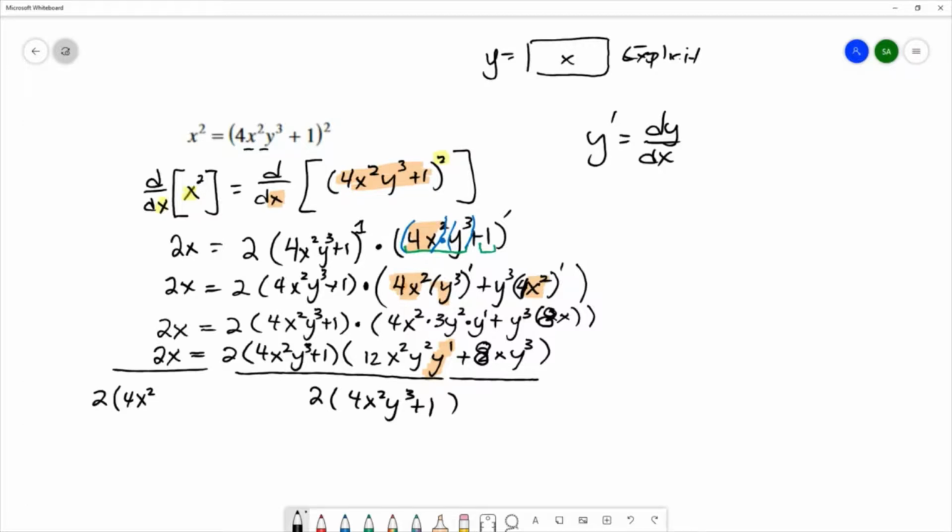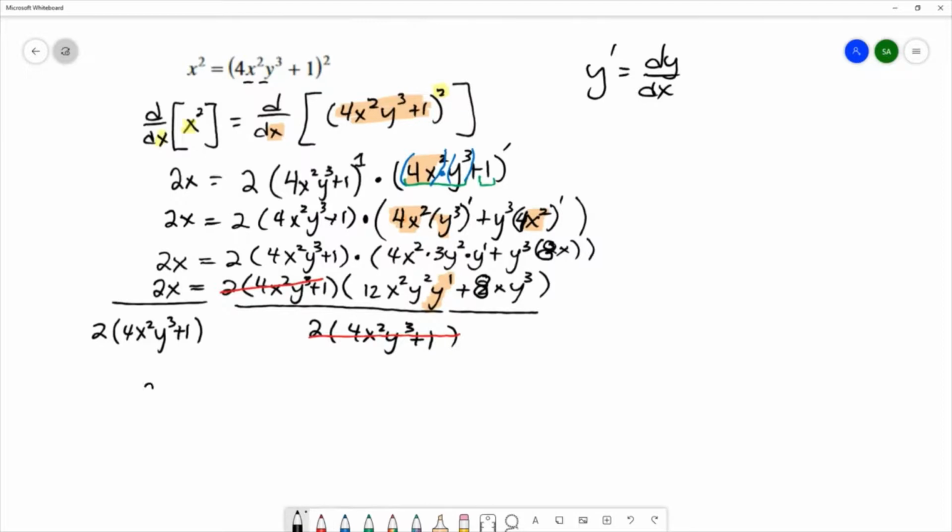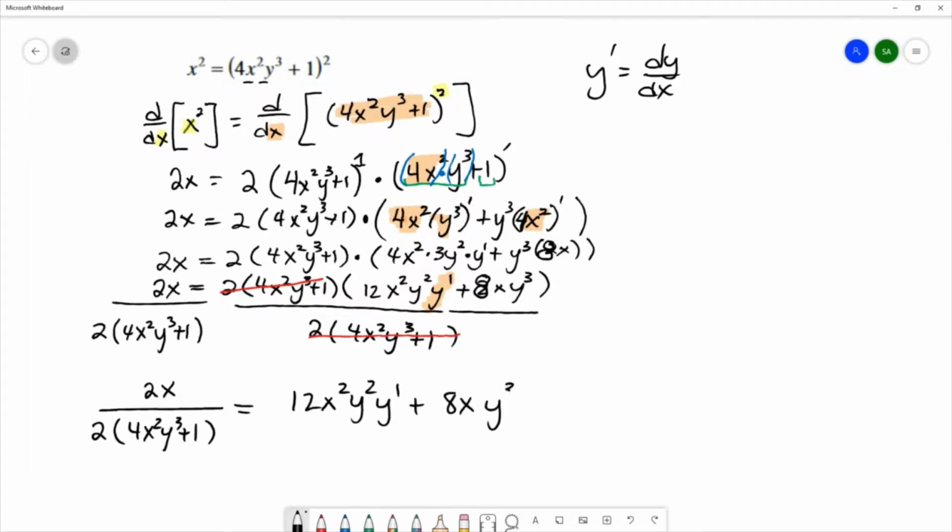So then, okay, where does that bring me? So I've got 4x squared y cubed plus 1. I divided by that on both sides. That cancels this out. And I've got 2x over 2 times 4x squared y cubed plus 1 equals 12x squared y prime plus 8xy cubed.